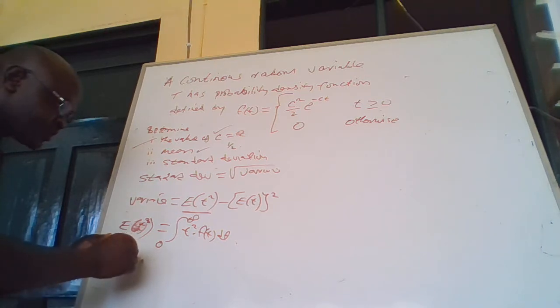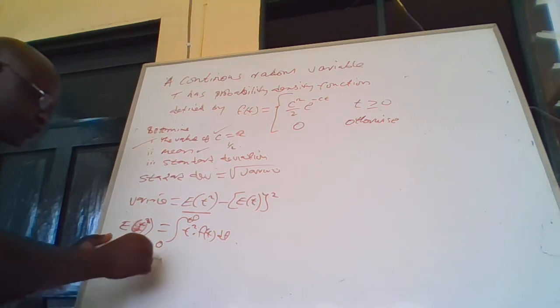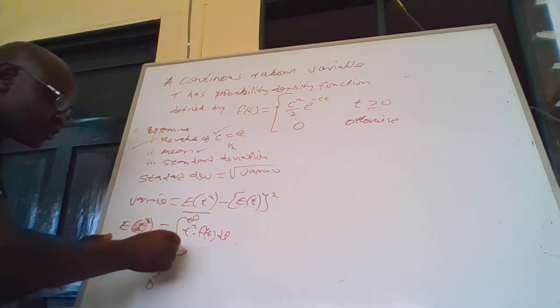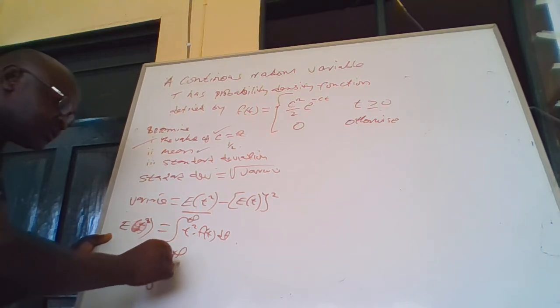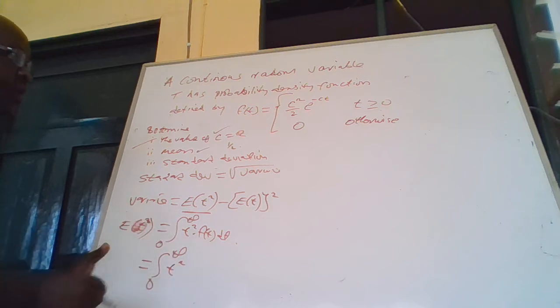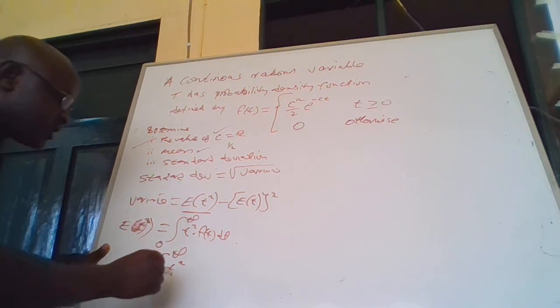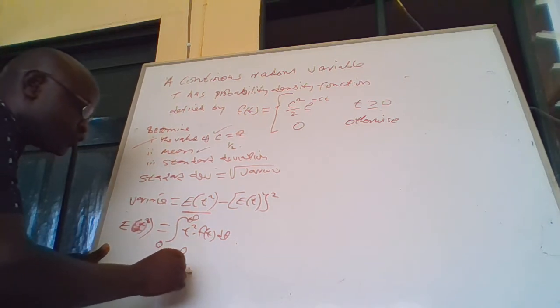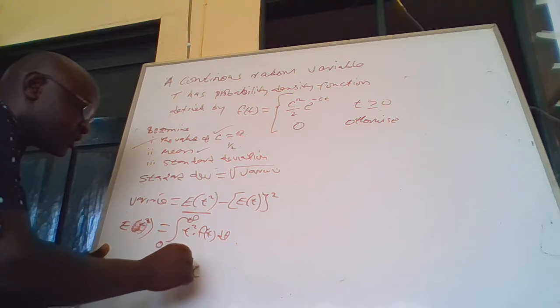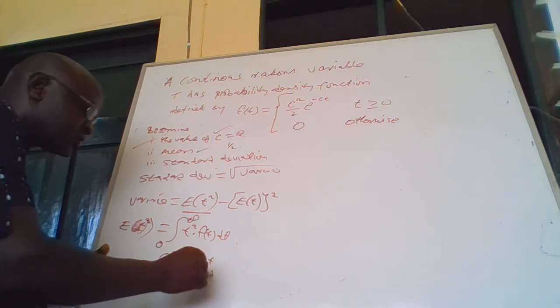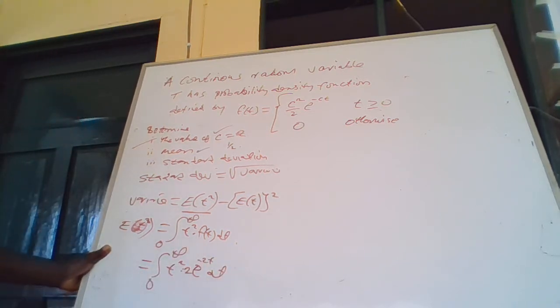Now this equals, from 0 to positive infinity, t squared. Our f of t is 2 exponent minus 2t dt.